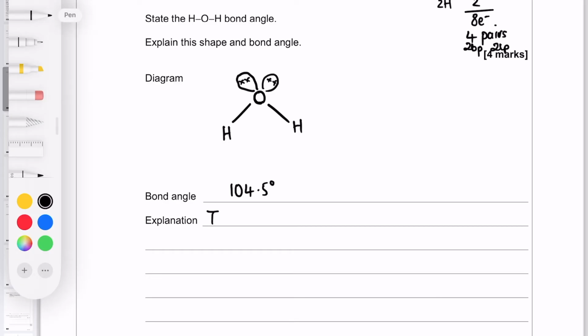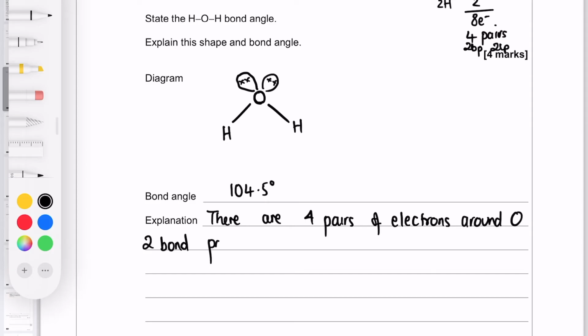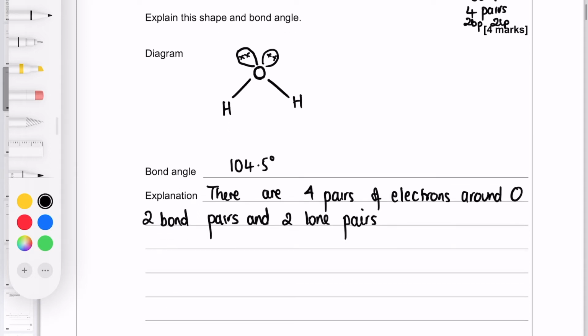So we'd say there are 4 pairs of electrons around the oxygen, 2 bond pairs and 2 lone pairs. Lone pairs repel more strongly than bond pairs.